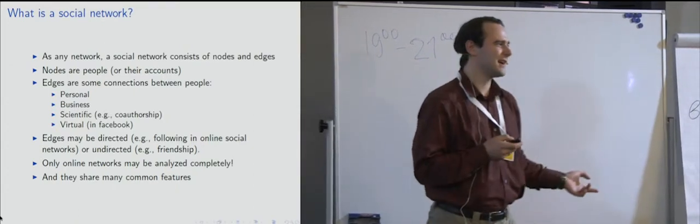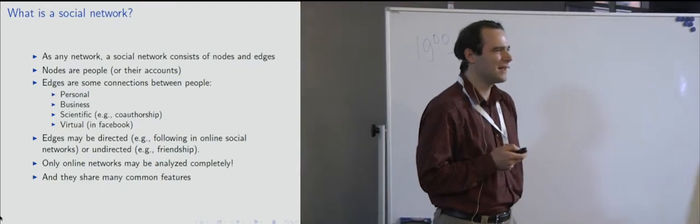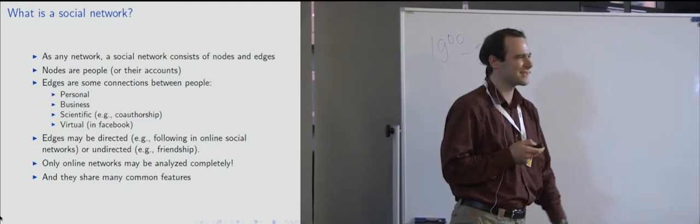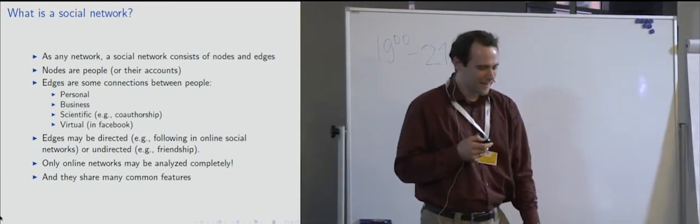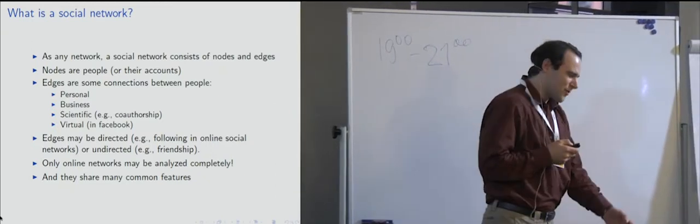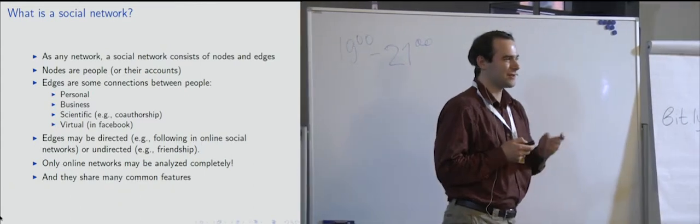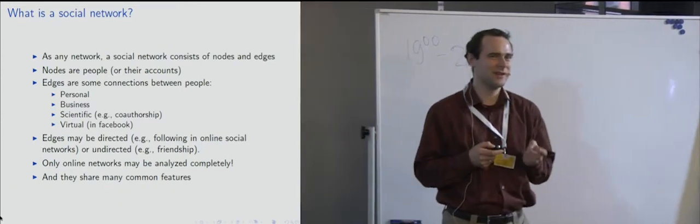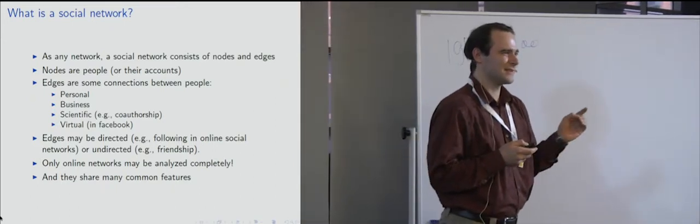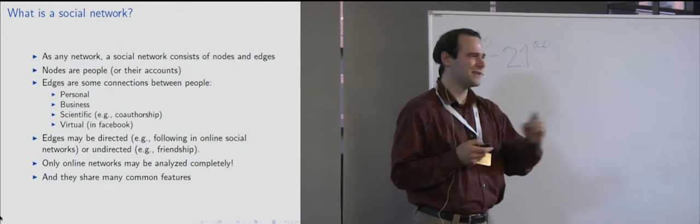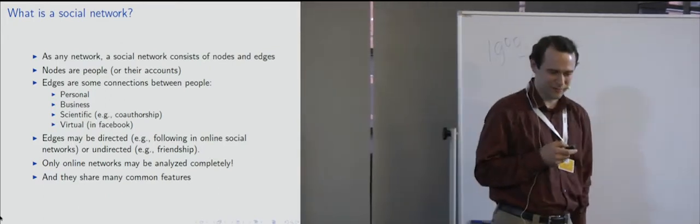So edges are connections between people, like personal connections or business connections or anything else. One possibility is that this is an online social network, so nodes are just accounts of different people, and edges are connections in the online network.